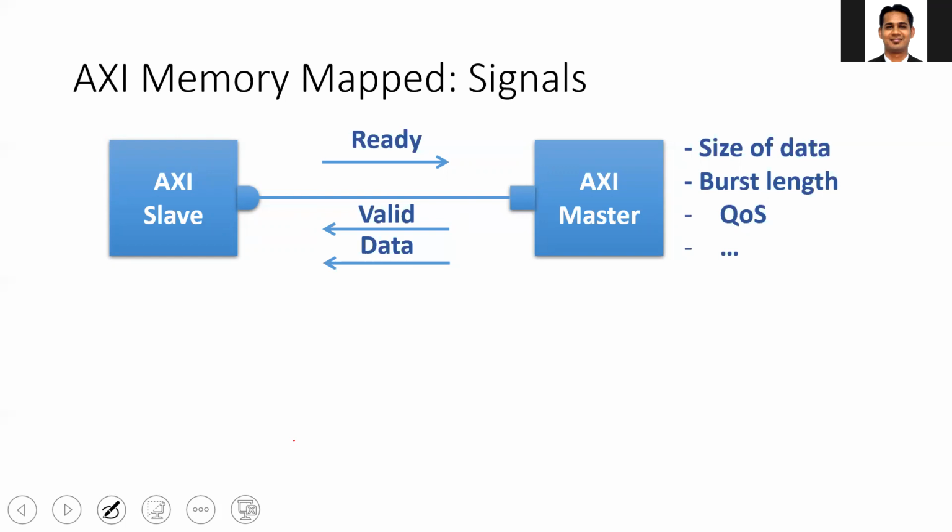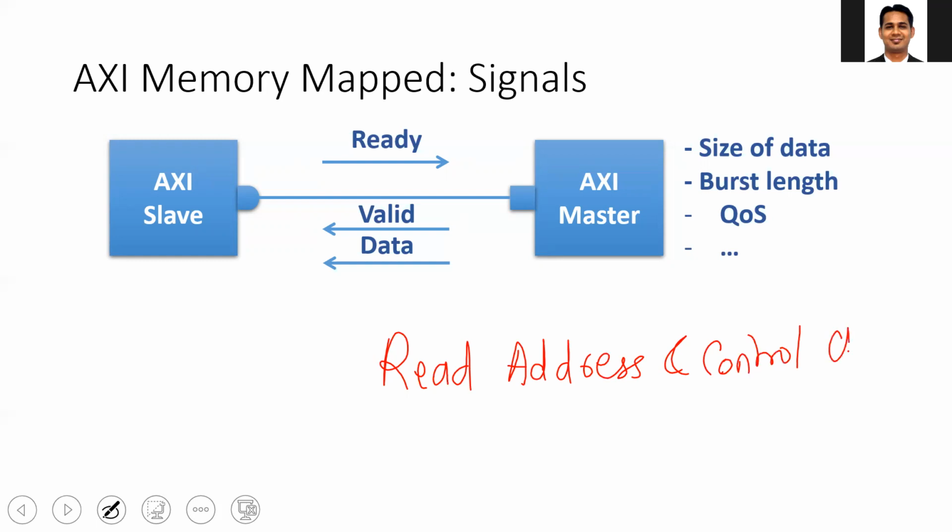So, for example, if we consider the read address and control channel, in it you are going to pass the address information and the control information. Along with this information, which we also call the useful data, you will have additional signals.